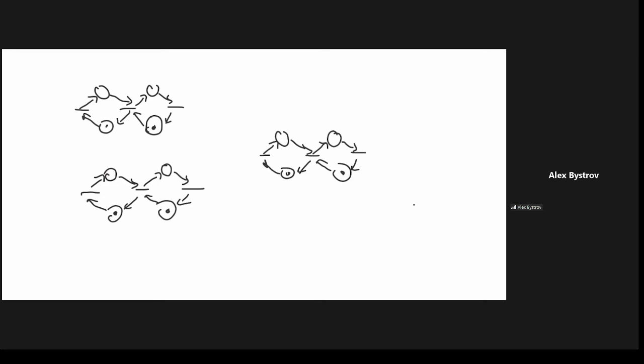What solution? I know that this transition will fire when the data item has been placed here, right? I know that this transition will fire when the data item has been placed here, right? And as a result of firing these transitions, I want the data item to be placed here, right?